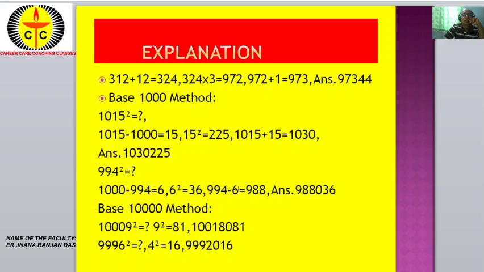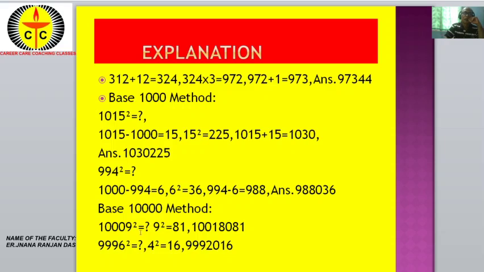And here in the 1000 base method, the square part must be 3 digits. We insert another 0 here, so it becomes 988036.